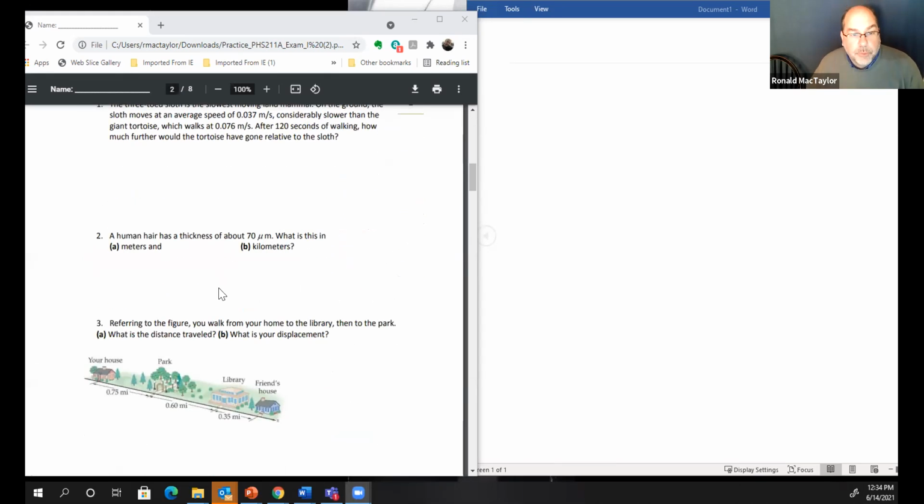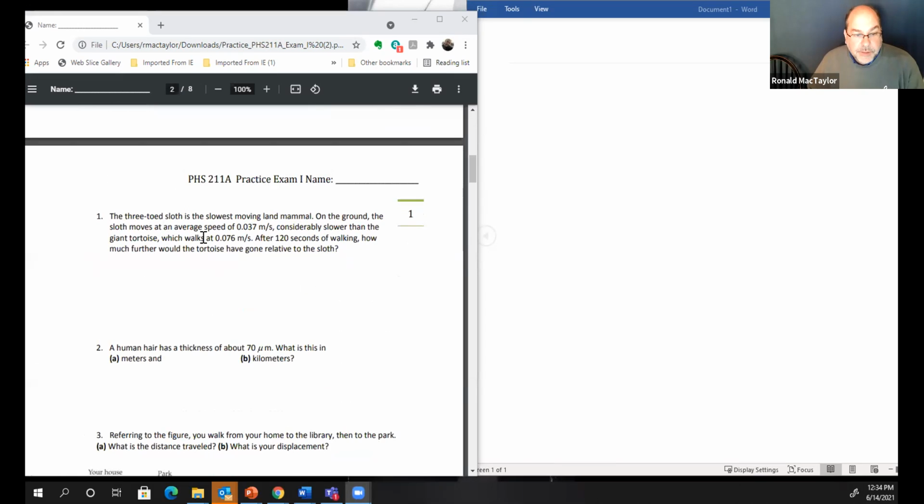As you go through the practice exam, some of the questions are pretty straightforward. You have something that's moving at 0.037 meters per second for 120 seconds. You want to find the distance, and it's distance equals velocity times time.